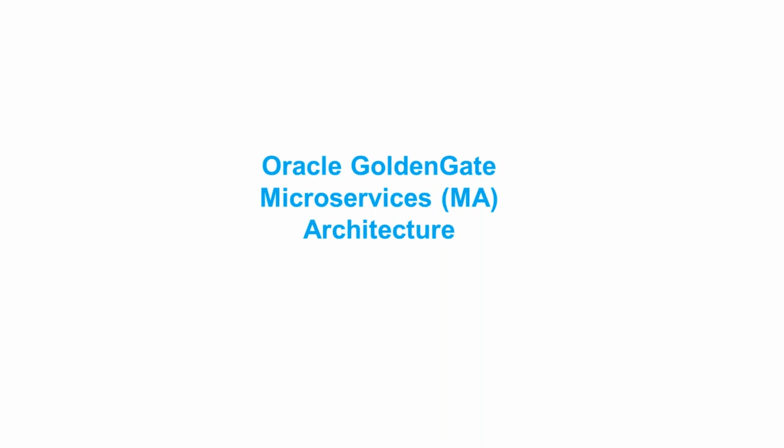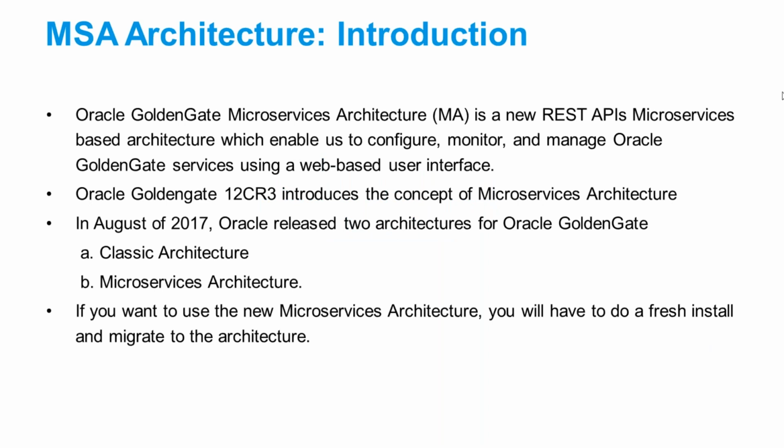So we are talking about classic architecture. Now, what is microservices architecture? As you saw, microservices architecture is a REST API based architecture.